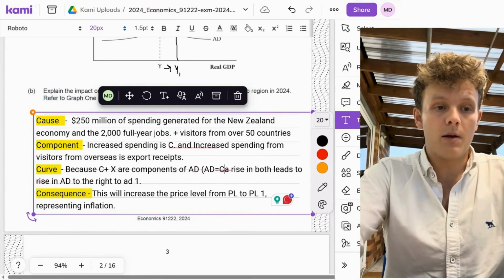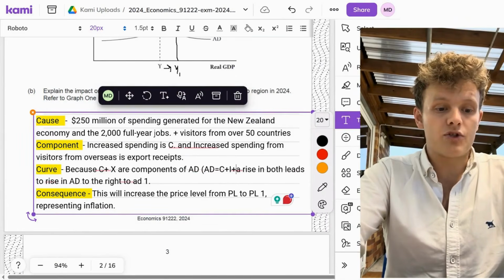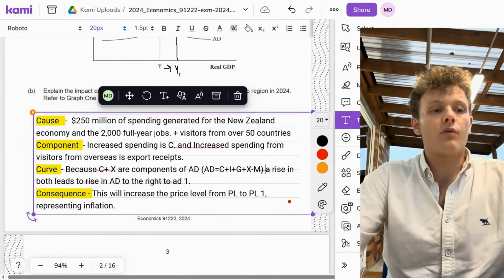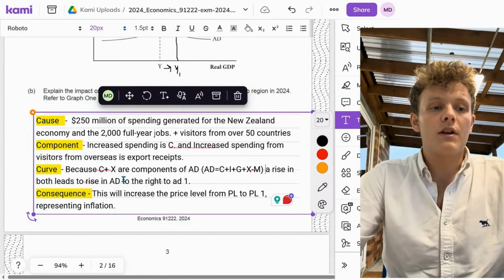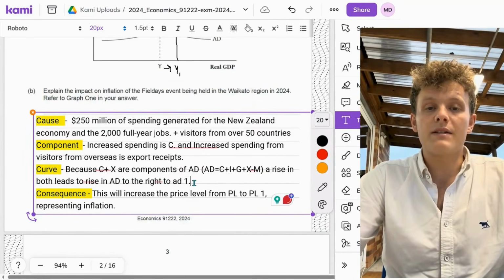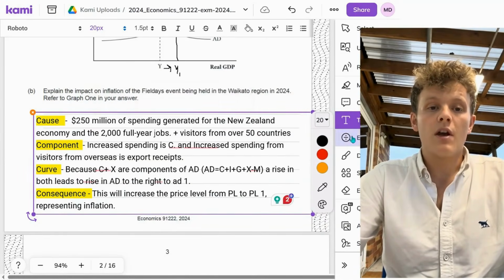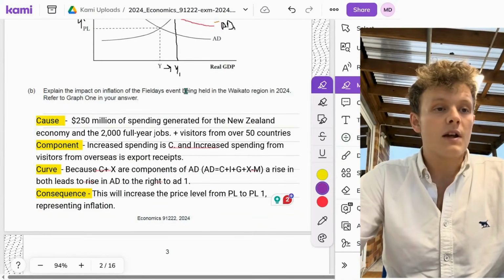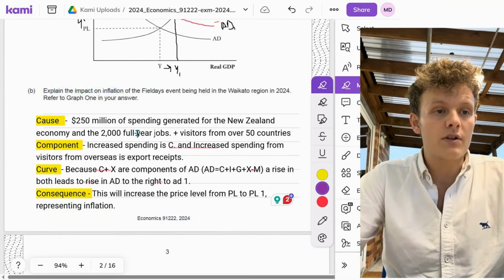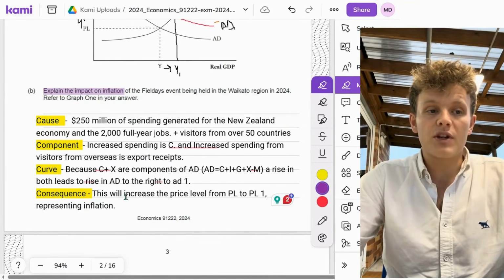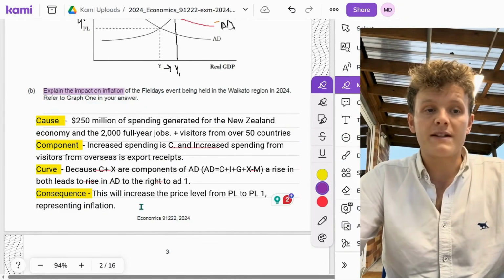AD equals C plus I plus G plus X minus M. A rise in both leads to AD shifting to the right from AD to AD1. Then the consequence. This will increase the price level from PL to PL1, representing inflation. The reason why we're using that as our final sentence is because in the question it says explain the impact on inflation. So we want to get back down to inflation here at the end by talking about the change in the price level. Perfect.